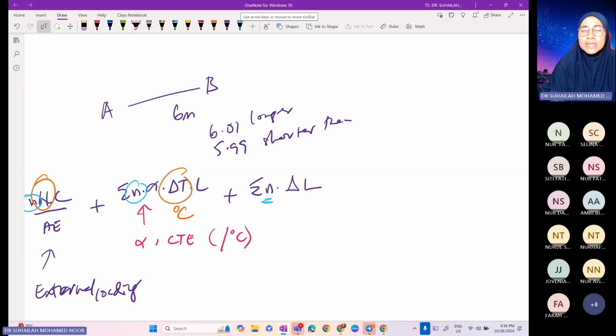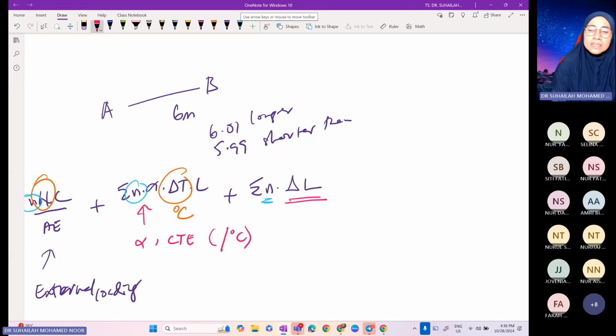So if member BC is fabricated 10 mm shorter than its original length, or 5 mm longer than its original length, this normally occurs during construction. How to include that into the displacement calculation is just as simple as this.